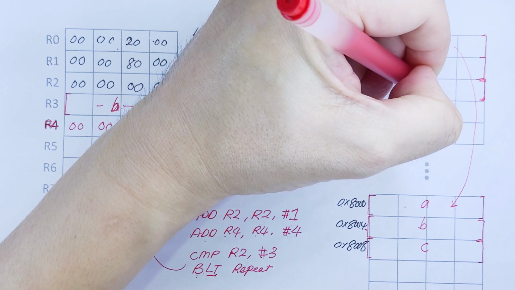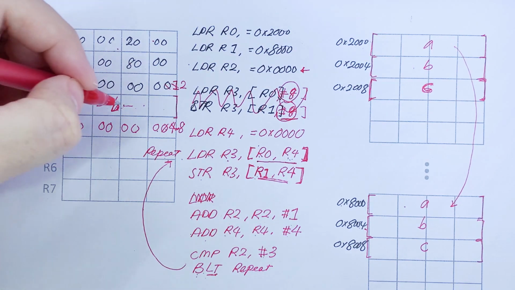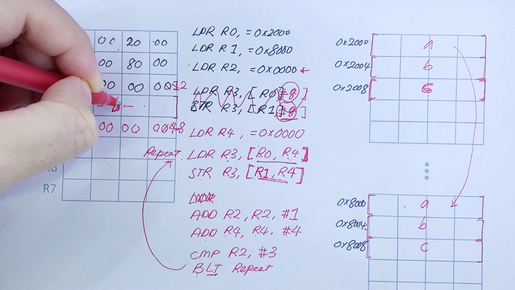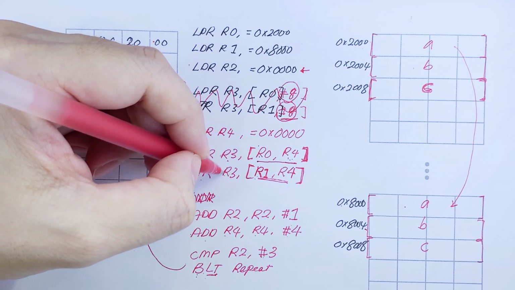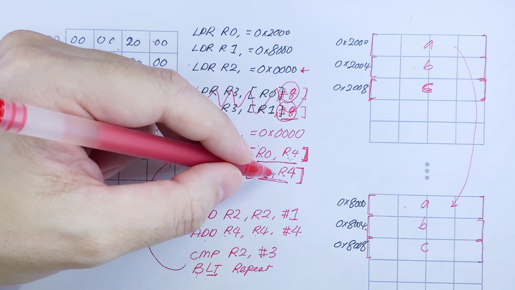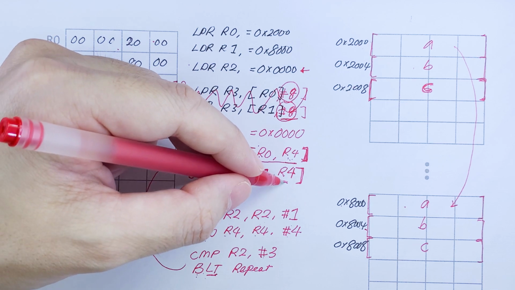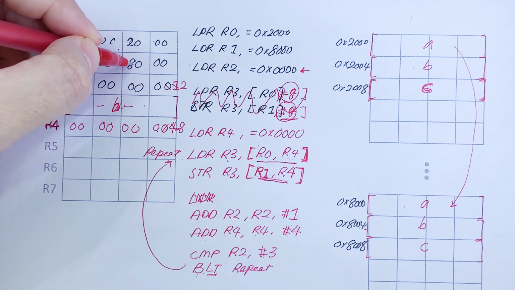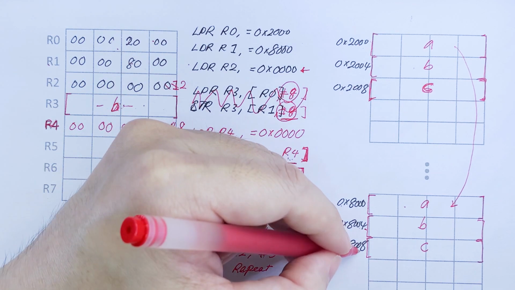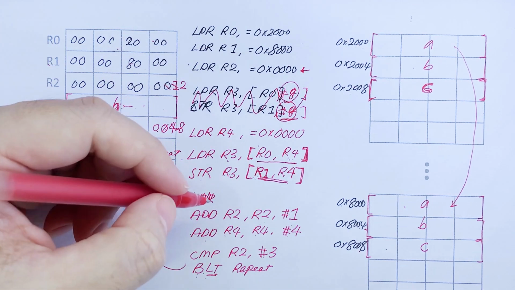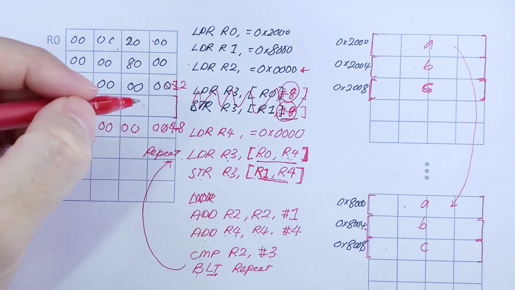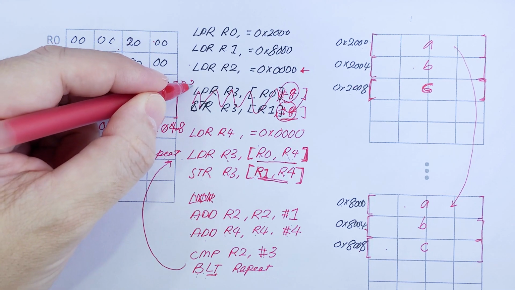The value we try to move is C, to R3, and at the same time after that we store R3 back to the address R1 plus R4, which means 8000 plus 8, which is 8008, and R3 stores C there. Then we increase R2 by 1, so now R2 has become 3.